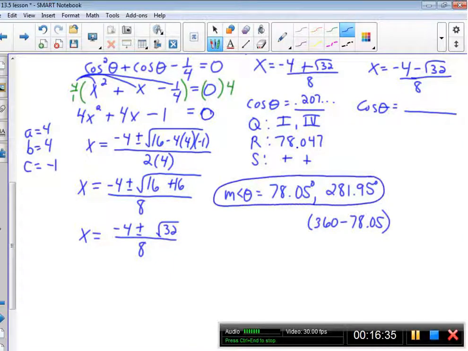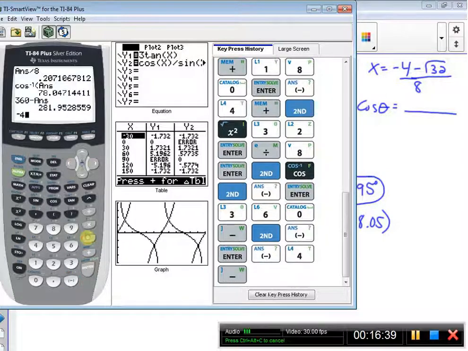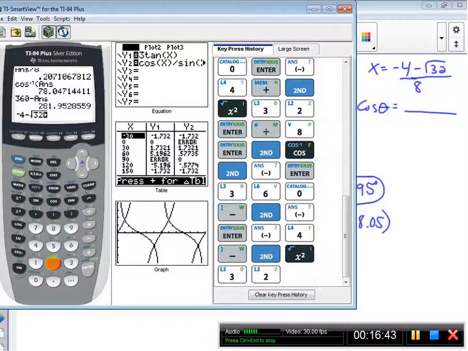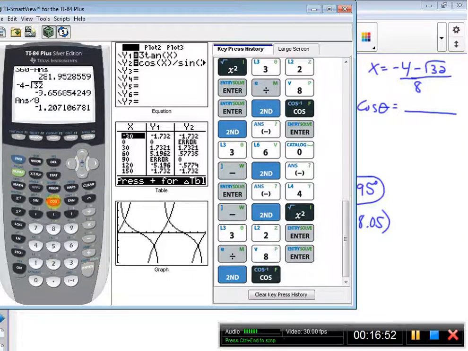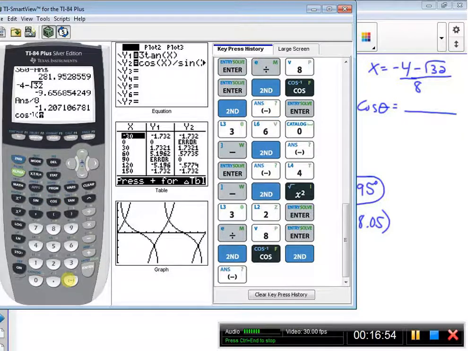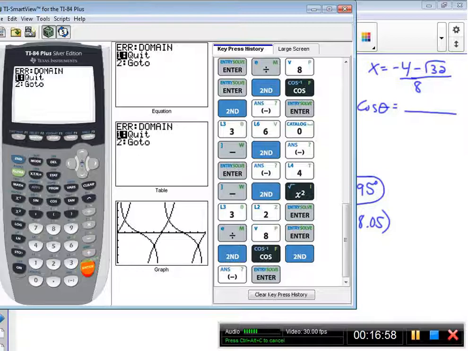Now we got to look at the other side. So negative 4 minus square root 32 divided by 8. Now, this is a little fishy looking, because if I try now to do second cosine of that, even if I take away the negative, it's going to give me error domain, because cosine curves graph from -1 to 1.